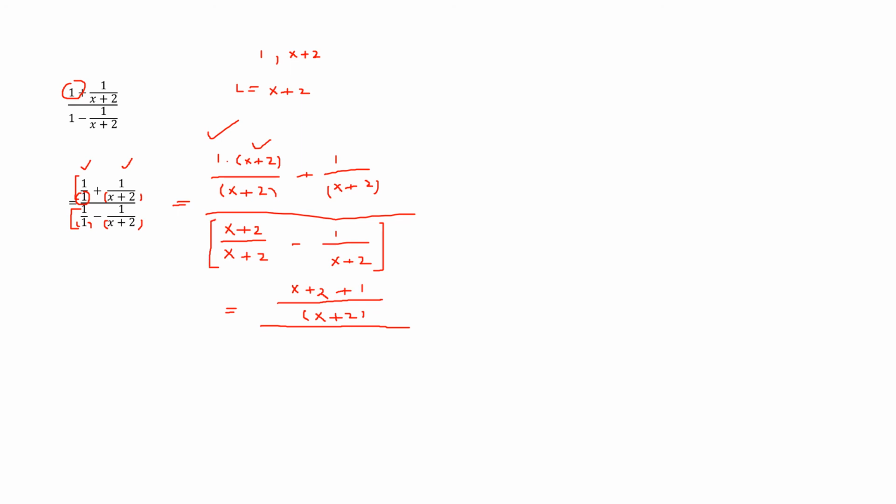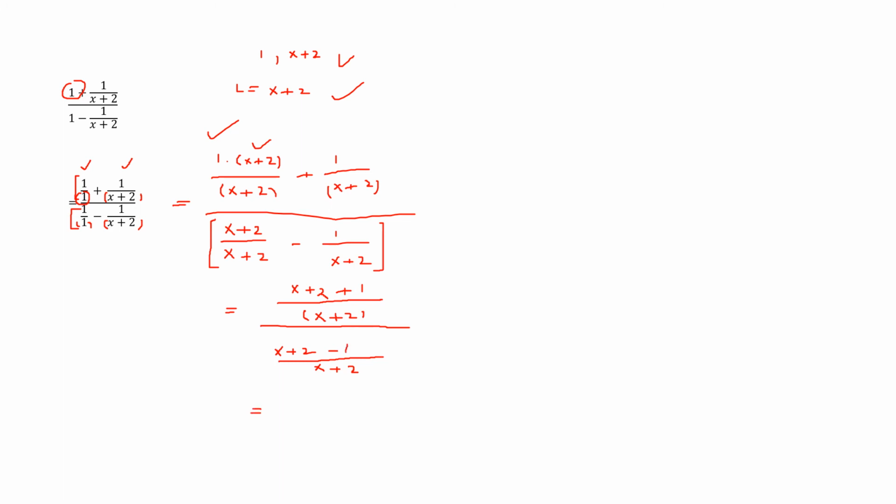Okay, so x plus 2 is the LCM, as I explained here. Again the same LCM, and the first term is just x plus 2, and here it will be minus 1.